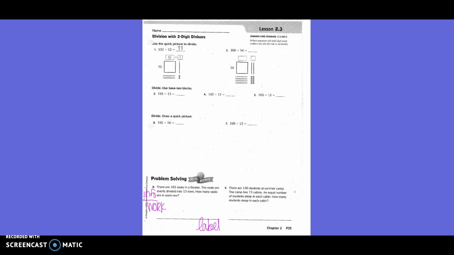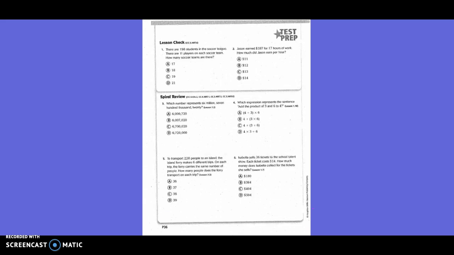Number 9, info, work, and then a label. So once again, your work on number 9 will be a drawing as well. Okay? So basically, you're using your base 10 blocks. That's where you're going to do all your major work, and then you're just going to do a drawing of it. Okay? Number 1, info, work. And once again, you'll use your base 10 blocks, lay them out, and then do a drawing for your work.